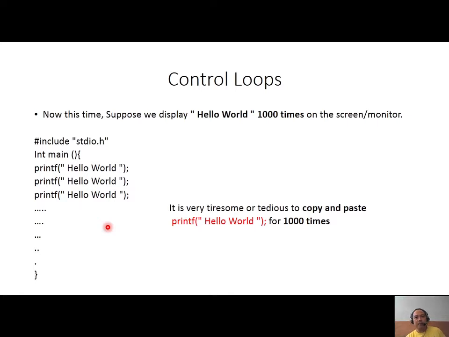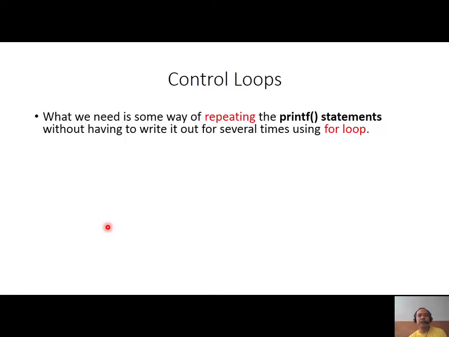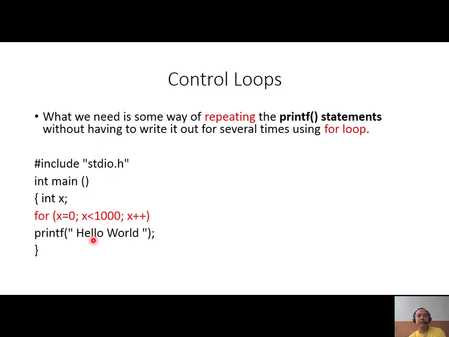So applying the control structure for loop, the for loop structure is only written once, as well as this printf.